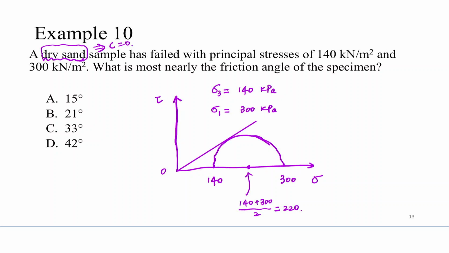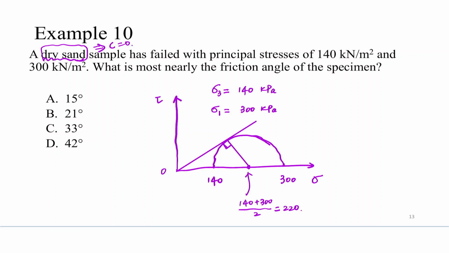Because we know that under this combo of 140 and 300, the soil has failed. So we have a tangent relationship over here. If we have a tangent relationship, we know that over here, we would have a 90 degree angle.